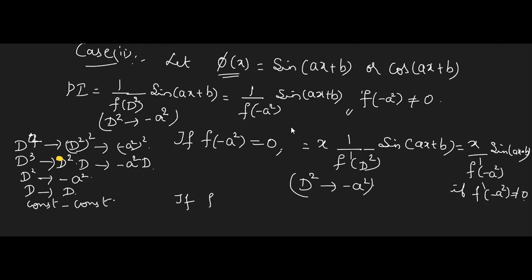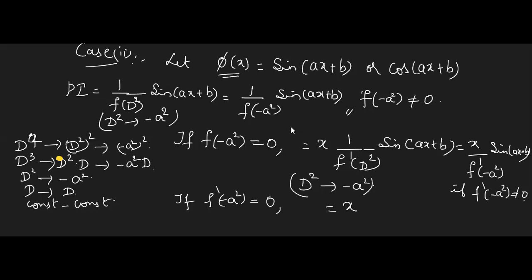Again, if suppose it is 0, what to do? Can you guess the next step? If it is becoming 0, what has to be done? What we applied in this step, again you apply the same thing. Now, tell me what you will get.